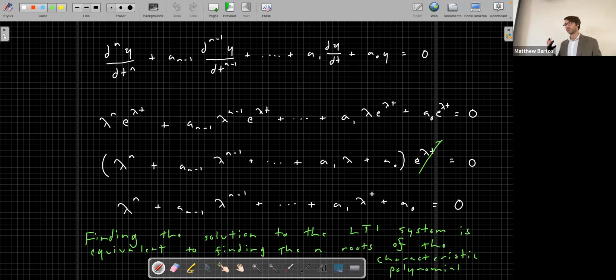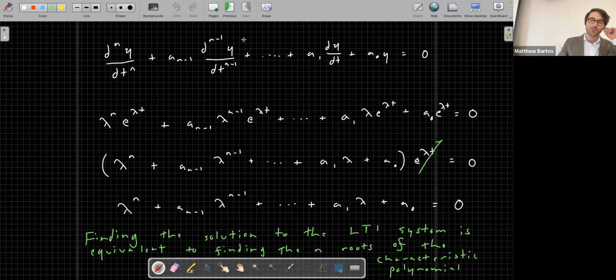And the objective is to find the n roots, the n values of lambda that satisfy this polynomial. Now, if you find a root of this equation, is that solution unique? No, right? So there's n different roots.